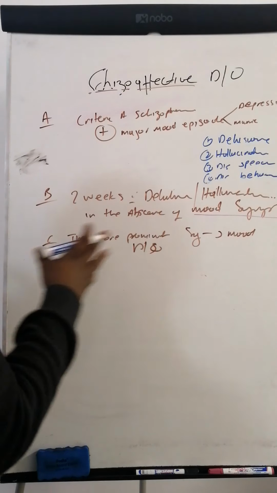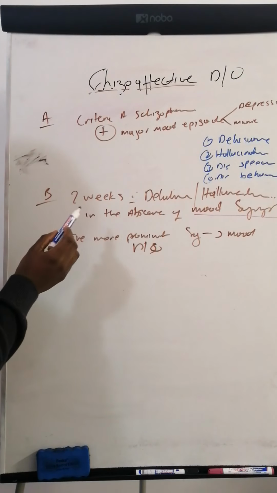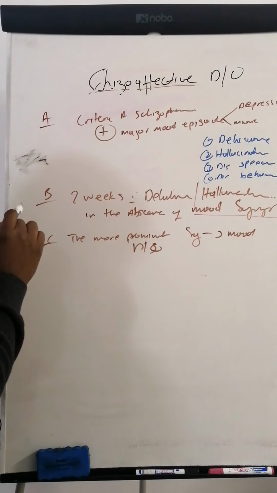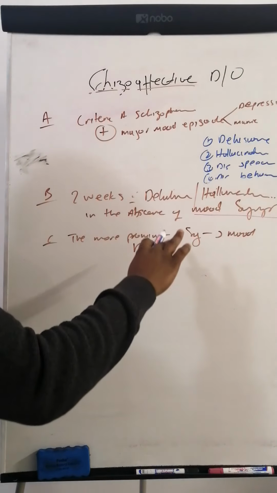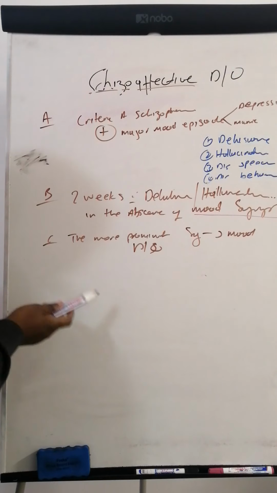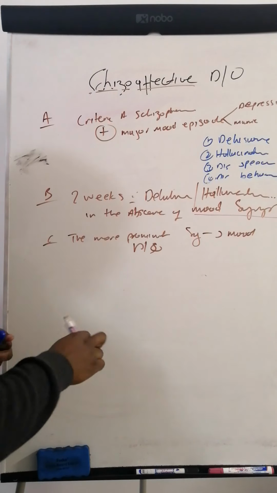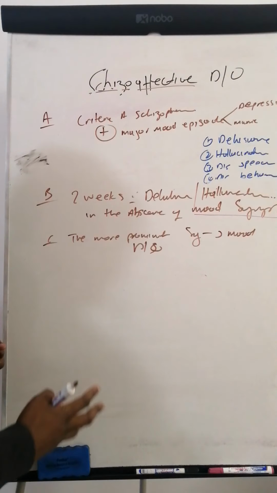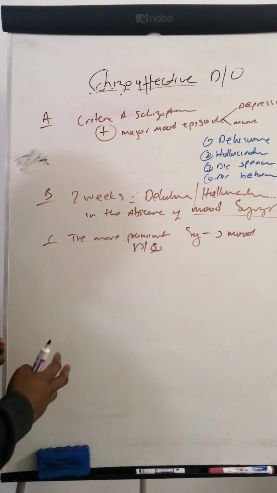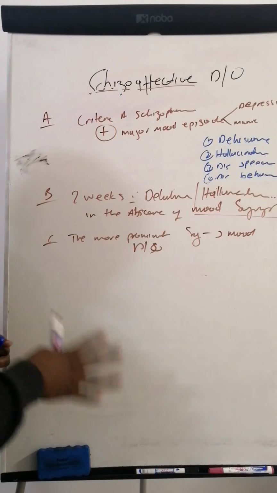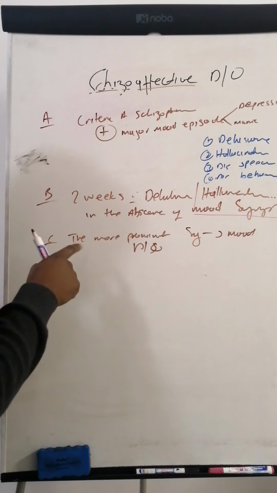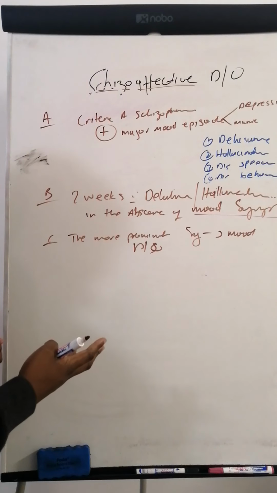So look at this, guys. We said that there should be a minimum of 2 weeks whereby you have delusions or hallucinations in the absence of mood symptoms. But now, during the entire duration of the illness, you should have more of your mood symptoms than your psychotic symptoms.